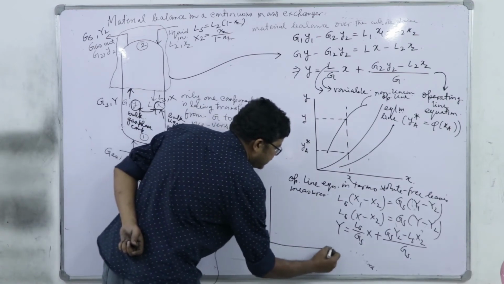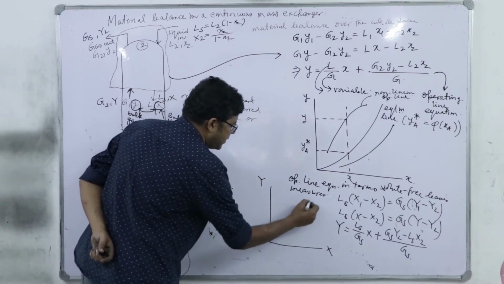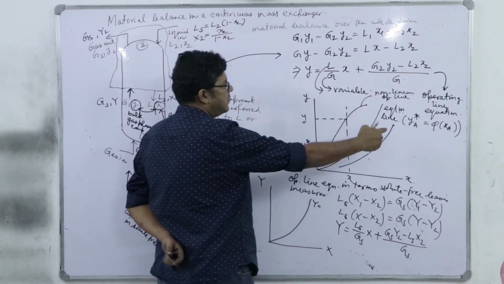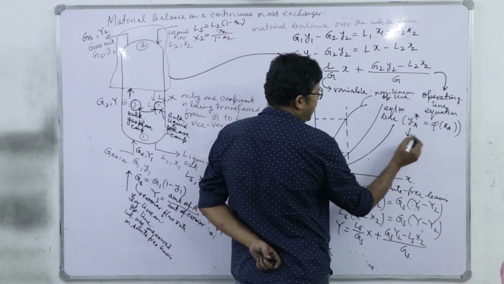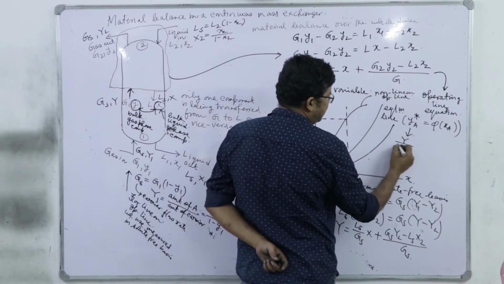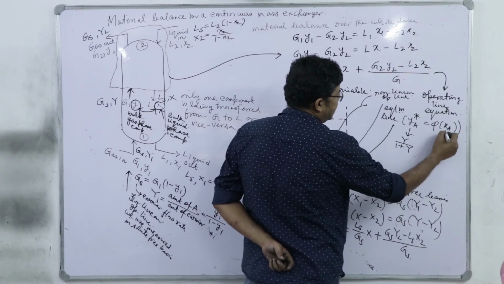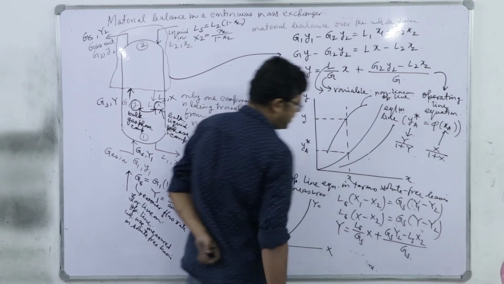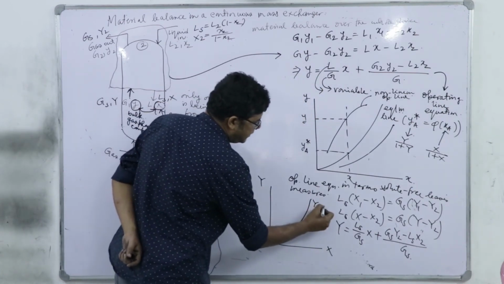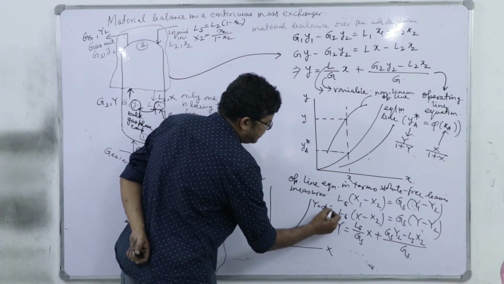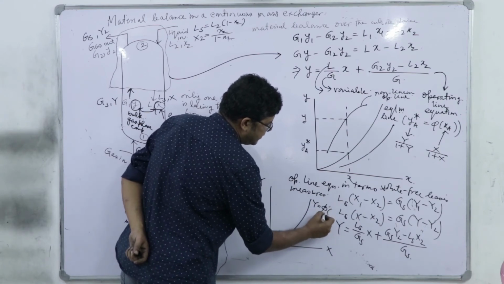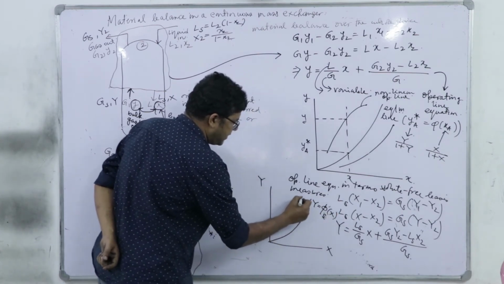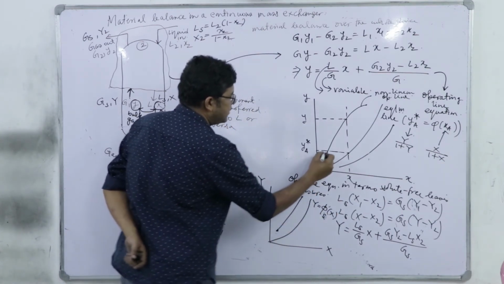So, in this solute free basis coordinate system, the equilibrium line may be nonlinear. That depends on the change relation, because we can change small y as capital Y divided by 1 plus Y, and here small x as capital X divided by 1 plus X, right. So, this is the new relation, say it is phi S of X, and here we have the operating line, and the terminal points.